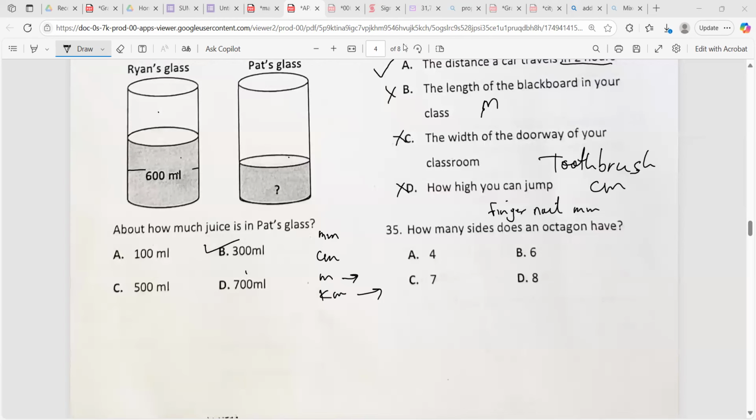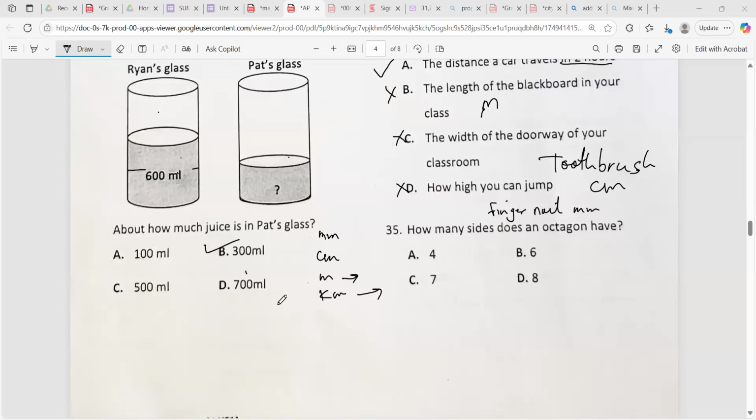All right, Zuri will walk us through this one. Go ahead, Zuri. The question says, how many sides does an octagon have?